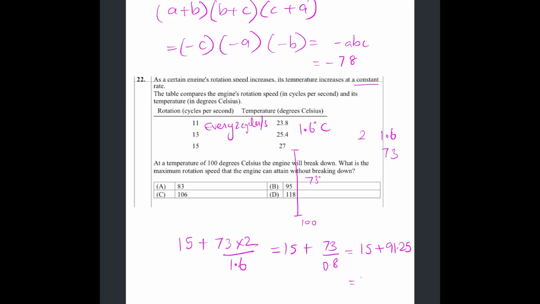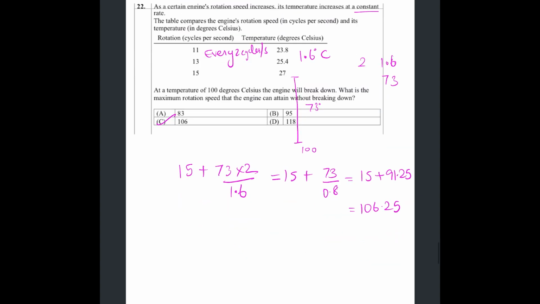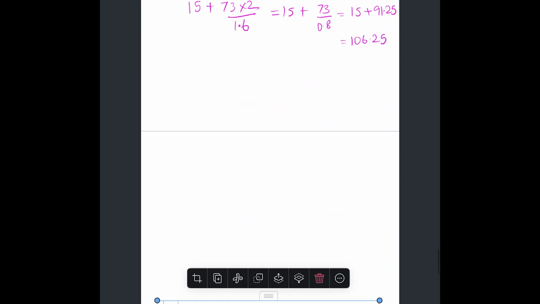So this is 106.25. So the maximum rotation speed that the engine can attain without breaking down is 106 cycles per second, right?